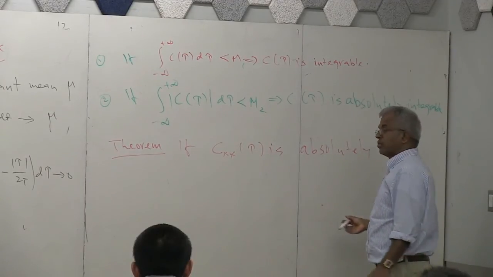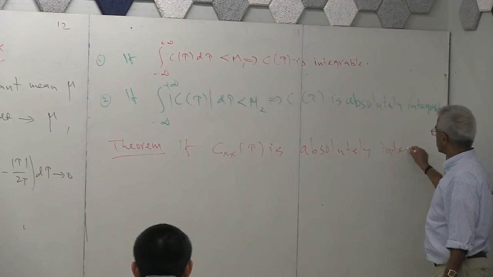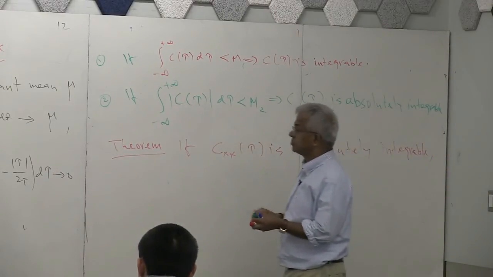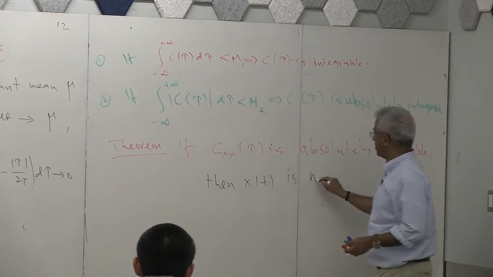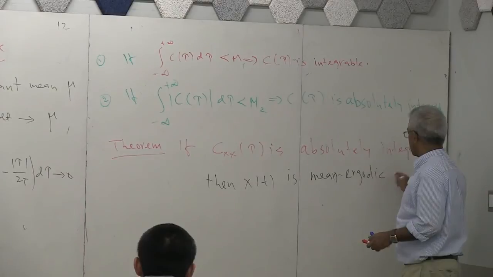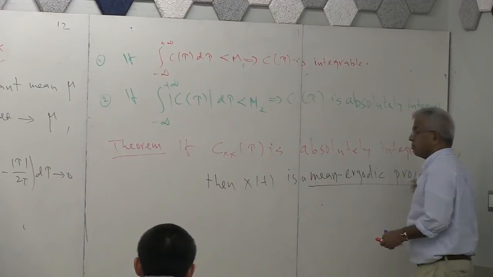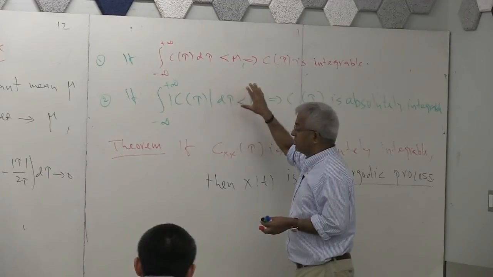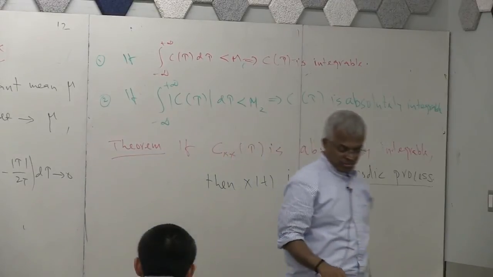If the autocorrelation function is absolutely integrable, in other words, if this condition is true, then the process is mean ergodic. Okay, so you understand the theorem? If this condition happens to be true, so this is a strong condition. If this is true, then the process actually has this desirable property. I am going to prove it for you right now.